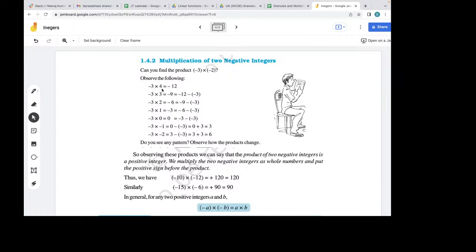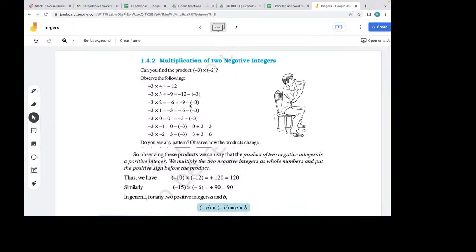This is a positive integer, this is a negative integer, and we are multiplying both of them together and we get a negative integer. Again, minus 3 multiplied by 3 is equal to minus 9, and here they have subtracted minus 3 from minus 12. Again, minus 3 multiplied by 2 is equal to minus 6.